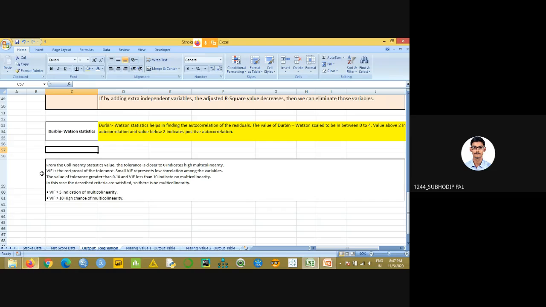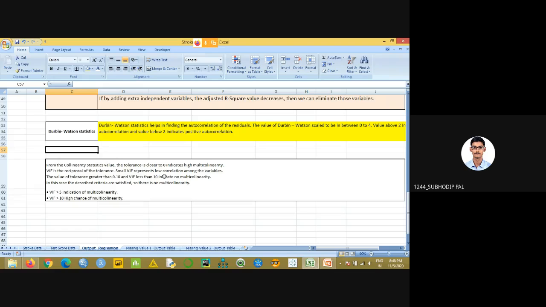VIF is the reciprocal of tolerance that we have already calculated. A small VIF represents low correlation among the variables. This will be opposite, right? If tolerance is low, VIF will be high, because it is 1 divided by something.